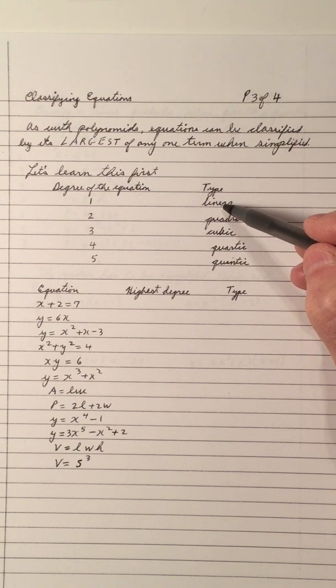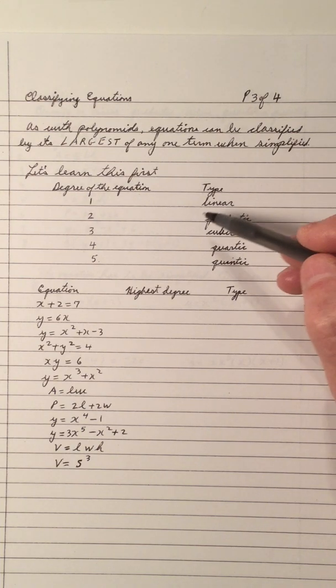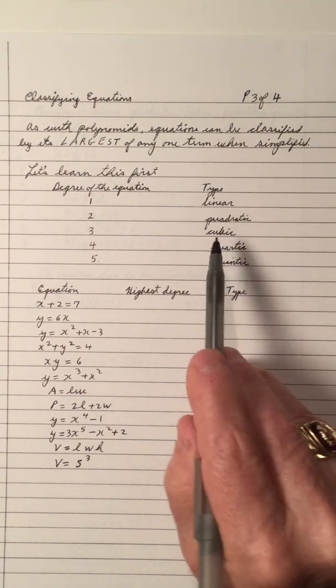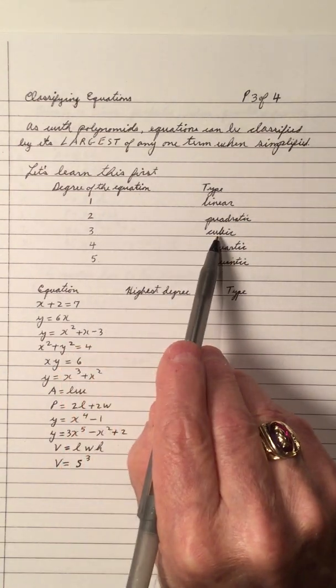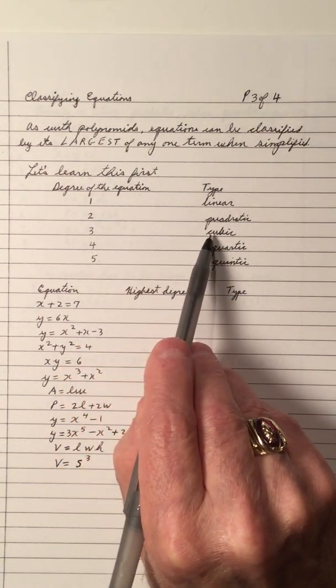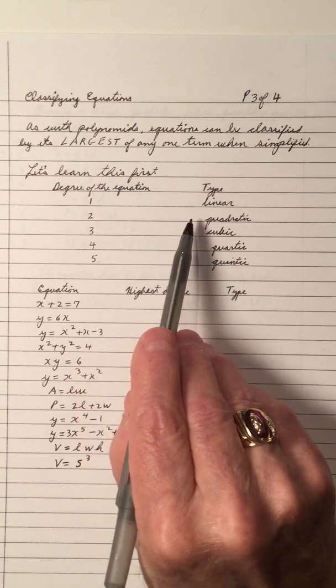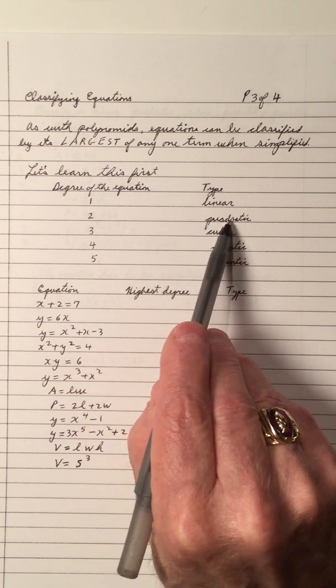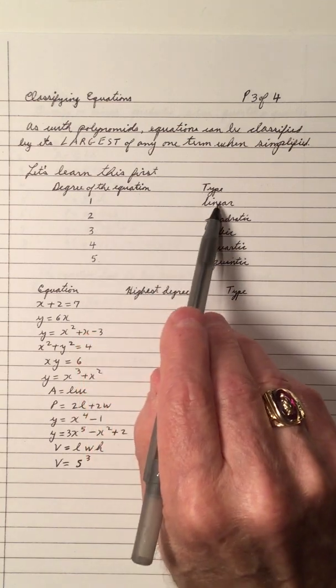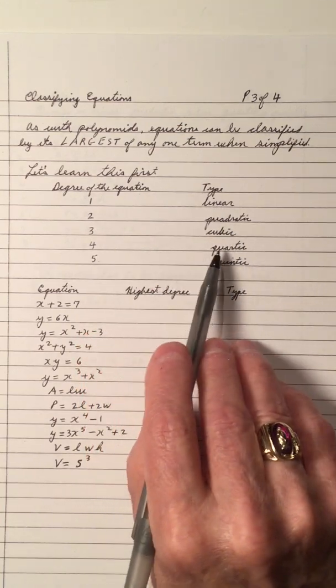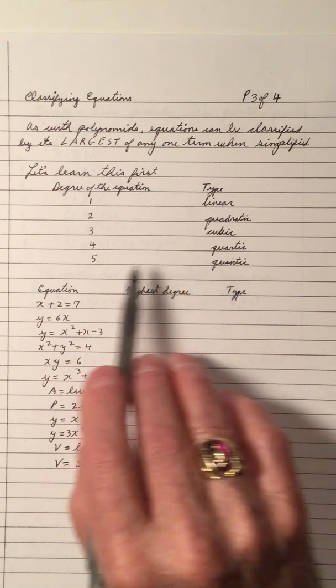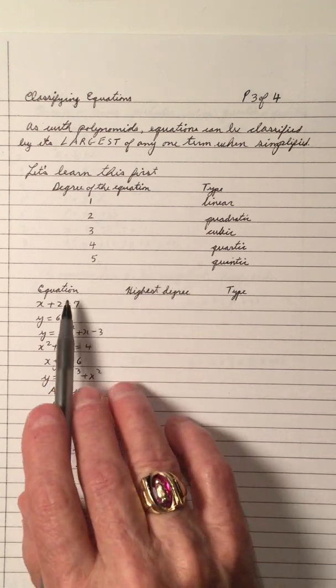So again, first degree is linear, second degree is quadratic, third degree is cubic, as in you cube, like 2 cubed is 8, so that's a cubic. If you square, quadratic is a square like x squared. A linear is just an x. And a quartic is 4, quintic is 5.